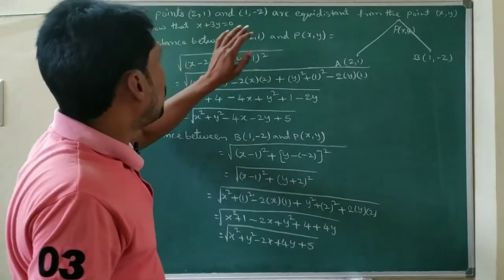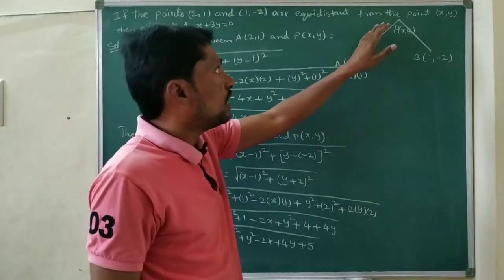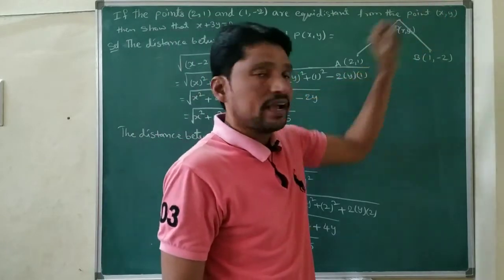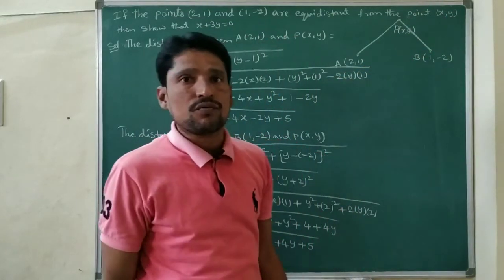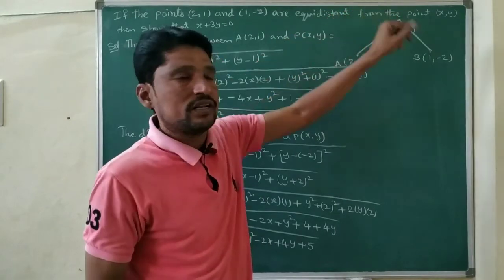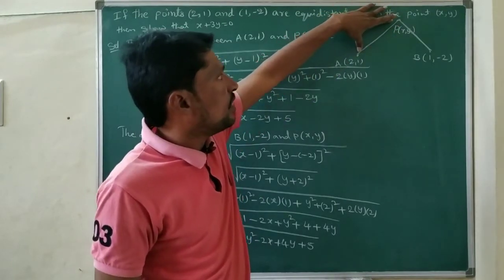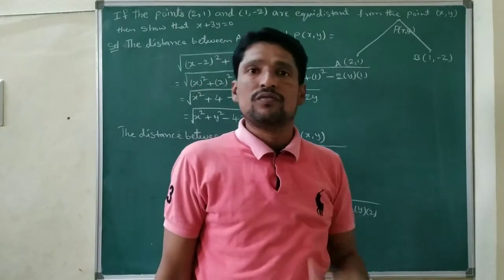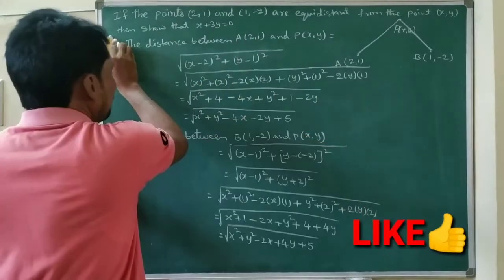So here we know that 2 comma 1 and 1 comma minus 2 are equidistant from x comma y. Equidistant from x comma y means the distance between AP equals the distance between BP.